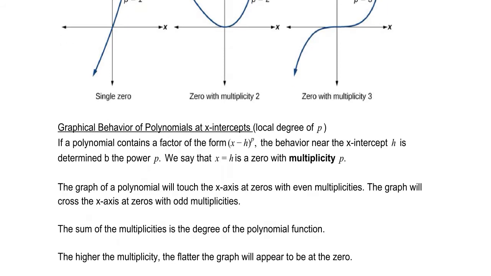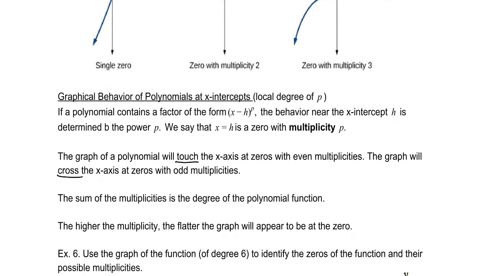And that is where this is stated right here. The graph will touch the x-axis at zeros with even multiplicities. The graph will cross versus touch at zeros with odd multiplicities. A separate fact is that the sum of the multiplicities is the degree of the polynomial, and the higher the multiplicity, the flatter the graph will appear at the zero.